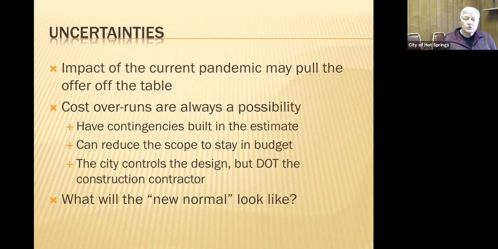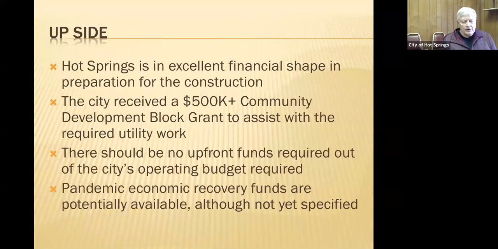We can reduce the scope of that project somewhat by maybe taking that second bridge and saving some money. The city does control the design, but DOT oversees the construction contractor. And none of us know what the new normal after the COVID-19 pandemic is over will look like.